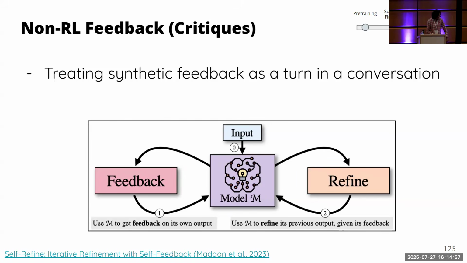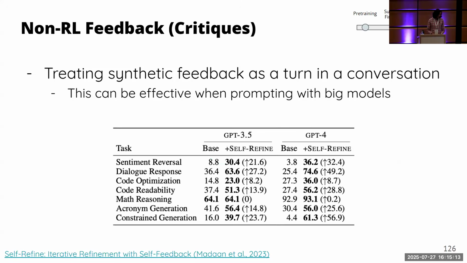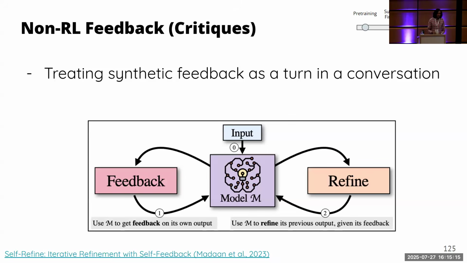Okay, and then lastly, moving beyond RL, but staying within the world of feedback. Another cheaper way of incorporating feedback is to just use feedback as a turn in a multi-turn conversation. Given a prompt, you can produce a response and then ask a separate model to produce a critique for that response.